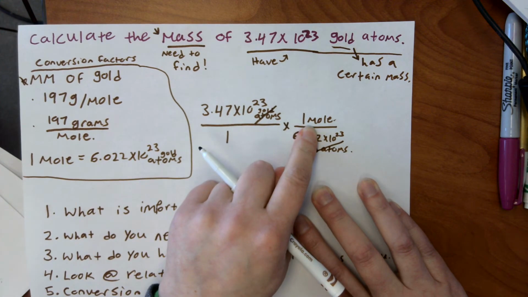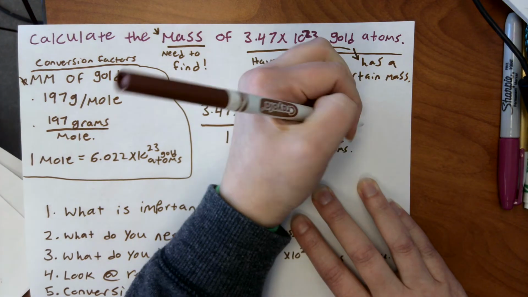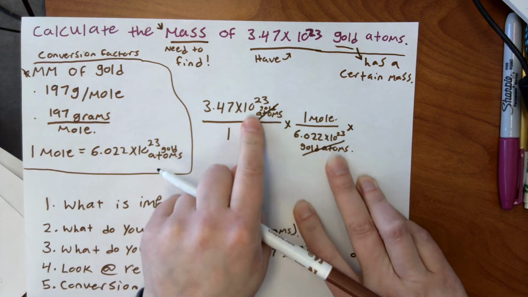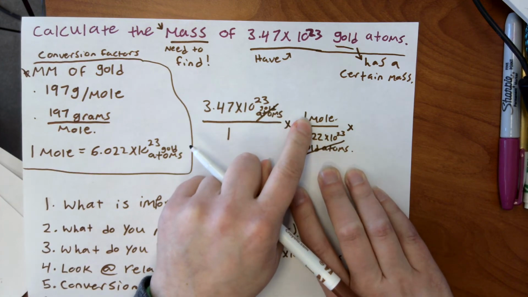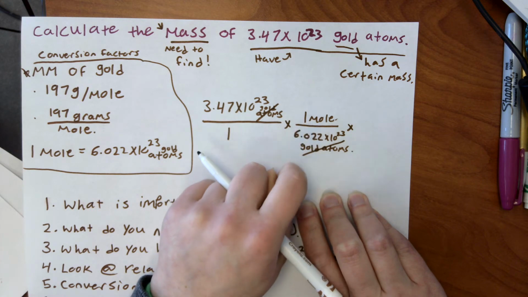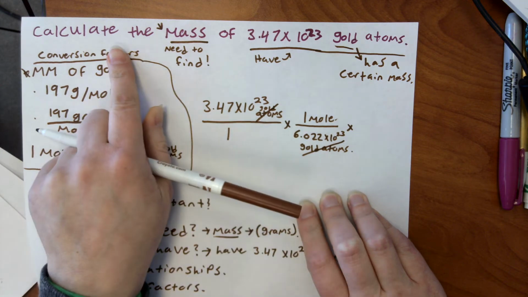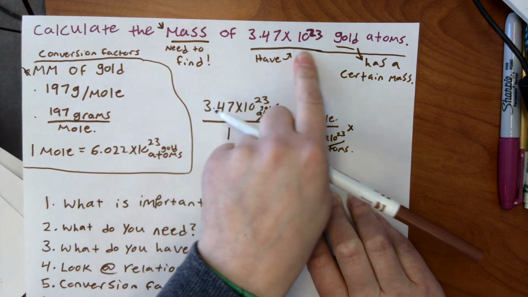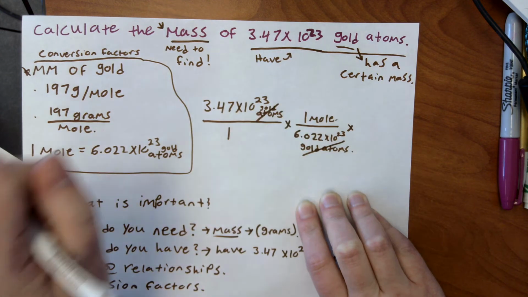Moles. So here's where you need to think if you need another conversion factor. If we don't have gold atoms anymore, moles is a unit that's left over. Is our final answer going to be in moles? If you're not sure, read your question again. It says calculate the mass of your gold atoms.